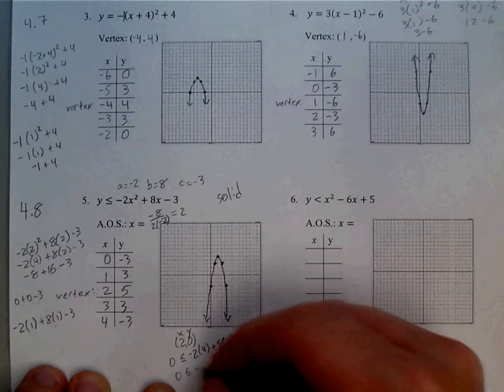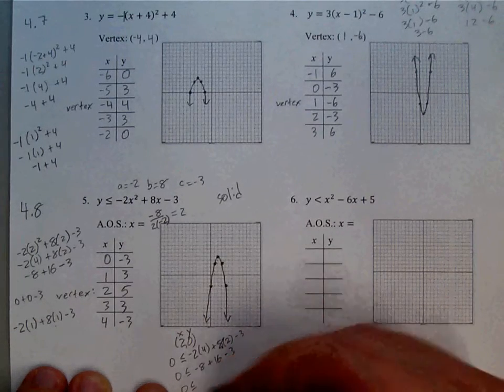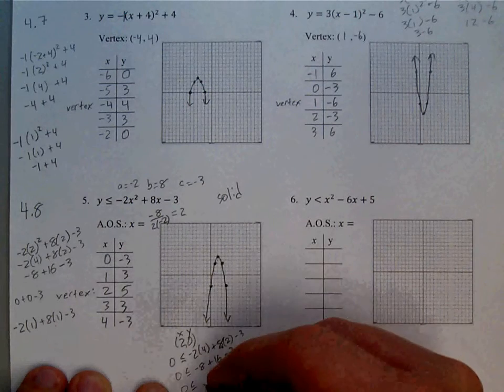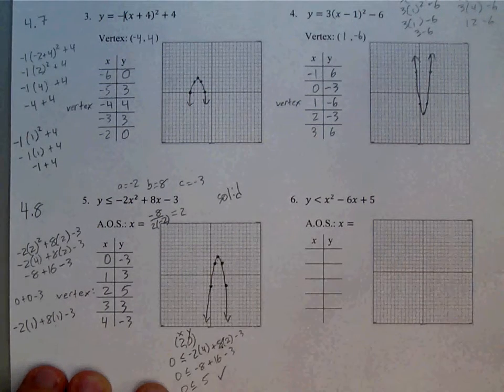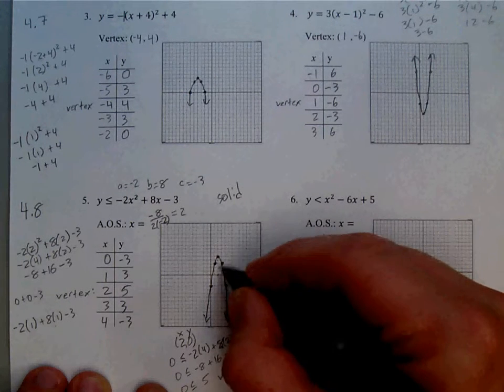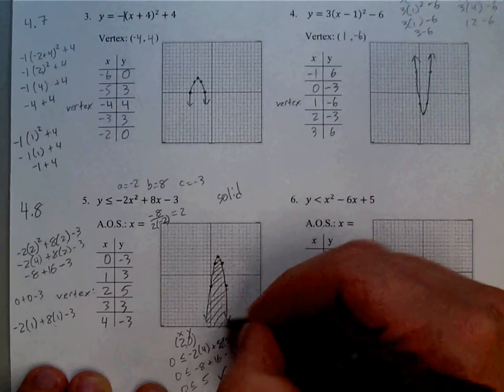So I get negative 8 plus 16 minus 3. Negative 8 plus 16 is 8, minus 3 is 5. So 0 is less than or equal to 5. That is a true statement. 2, 0 is inside the parabola, and it was a solution, so all of my solutions are located inside the parabola, so shade inside.